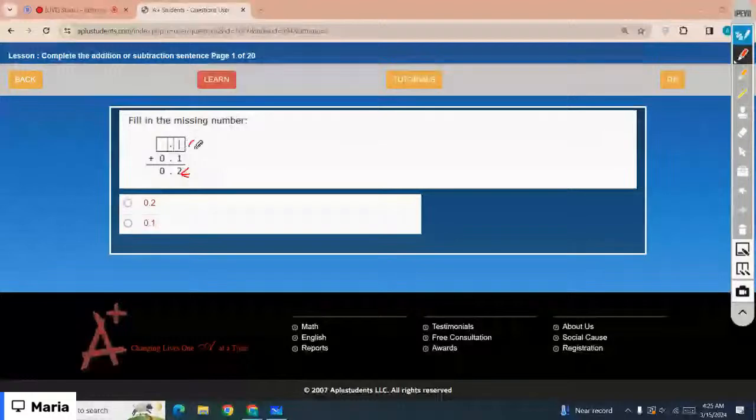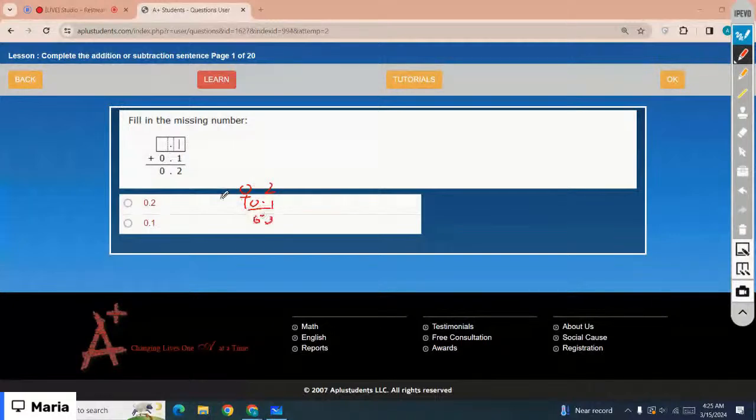You can select the options. For example, just look at the first option, 0.2. So 0.2 plus 0.1 is 0.3, right? But you have to make 0.2, so that means the other option is the correct one. 0.1 plus 0.1 makes 0.2. Got it? The correct option is option number 2.